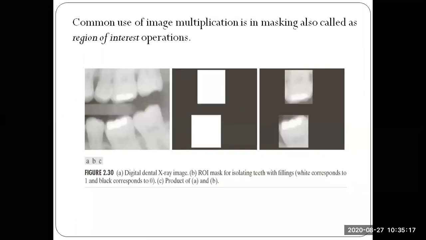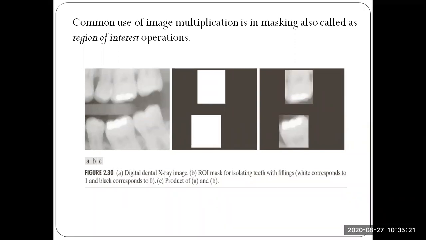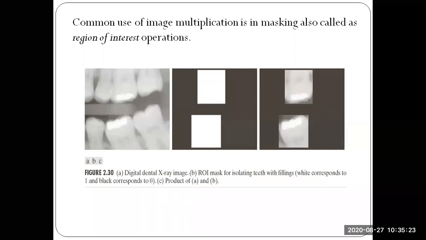Next one, what is the next one? Multiplication. In the multiplication process, I want to highlight a particular part and keep everything else black. My first example is the digital dental X-ray. If you take a dental X-ray, what is happening?